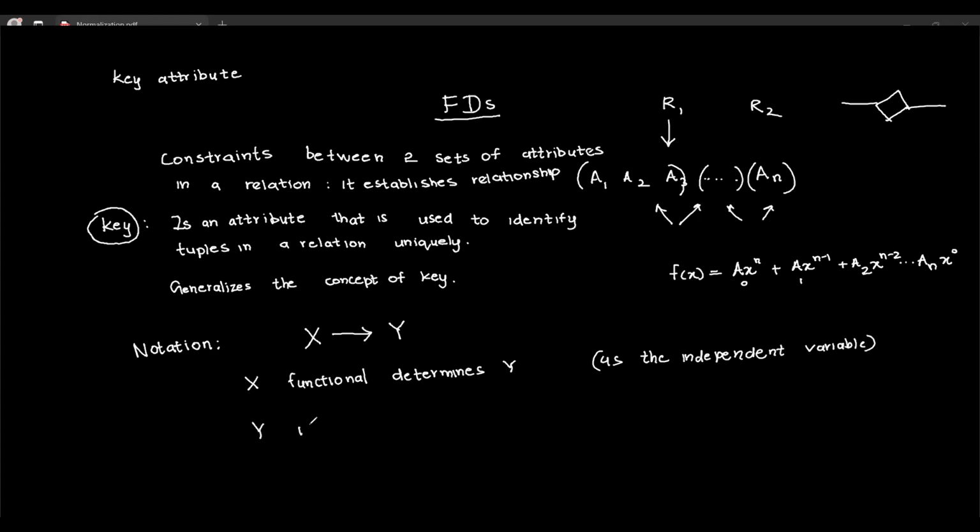And Y is functionally dependent on X. Y is the dependent variable and X is the independent variable. You can consider it like that. Now, I will go through the notation with proper definitions and all.